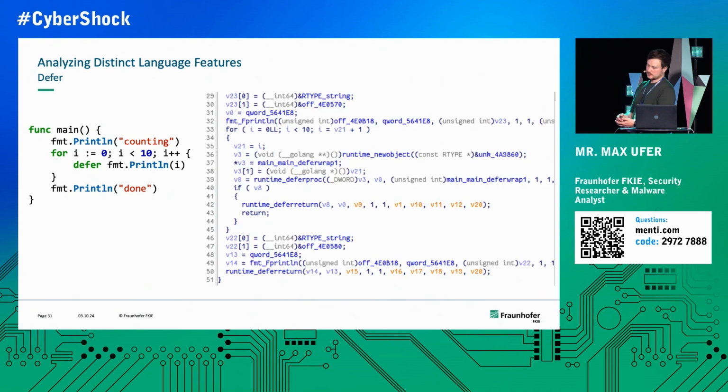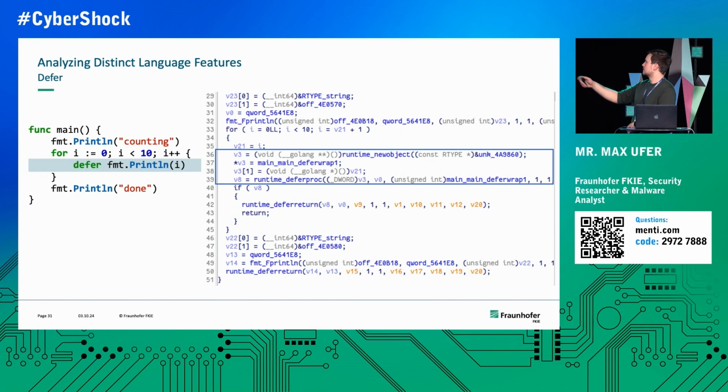And how this looks in the decompiler is actually very similar to how goroutines are handled by the runtime. So you have an object which is being created with a wrapper function again. Now here it is called defer wrap. Before it was called go-wrap. And then you have a function called runtime defer proc.